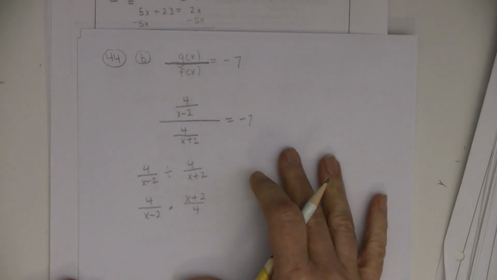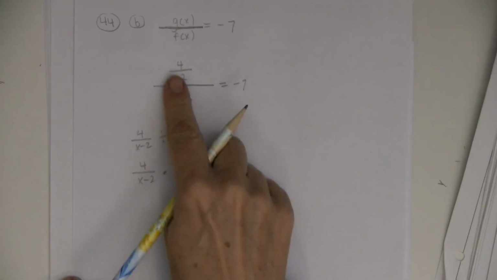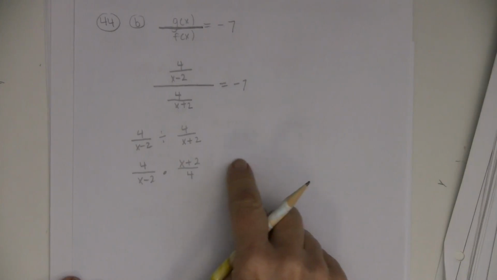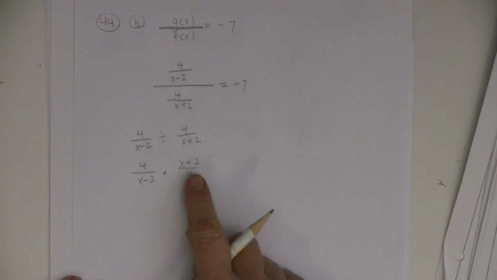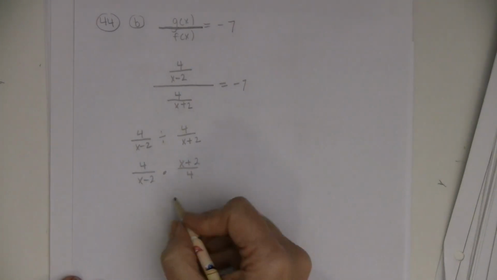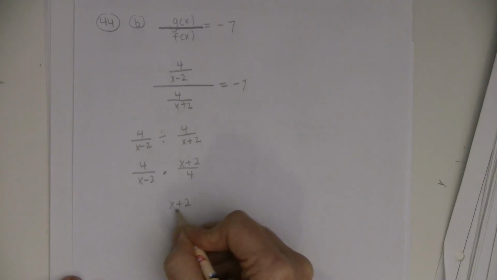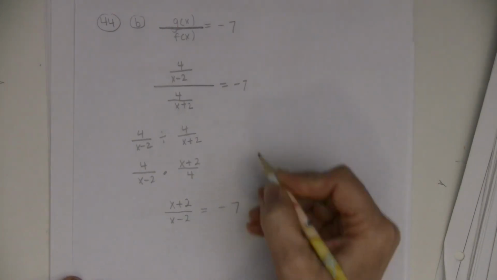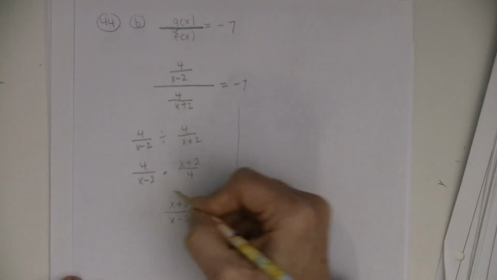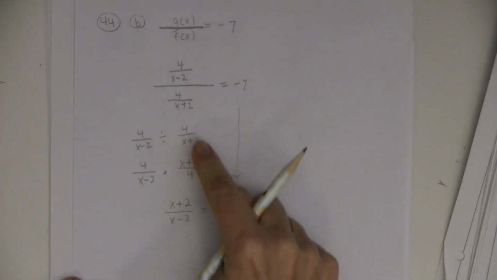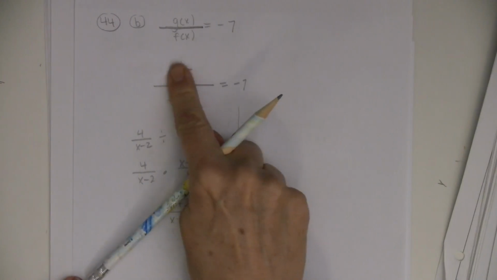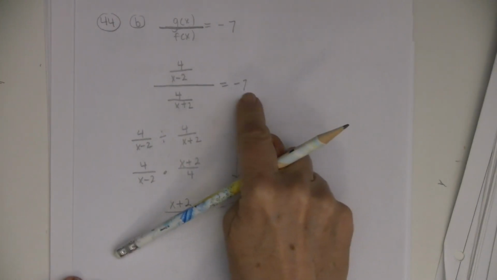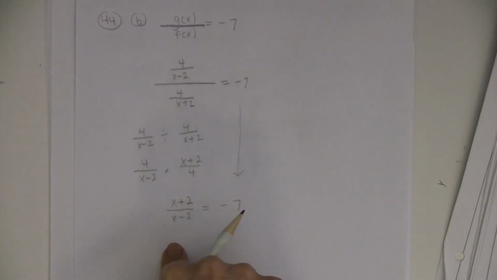And I'm just working on this side. So this really still equals negative 7. And you notice the 4's drop out. So we're left with x plus 2 over x minus 2 equals negative 7, right? So this was just me working that side to make it look better. You have to admit that this looks bad compared to what I got now.